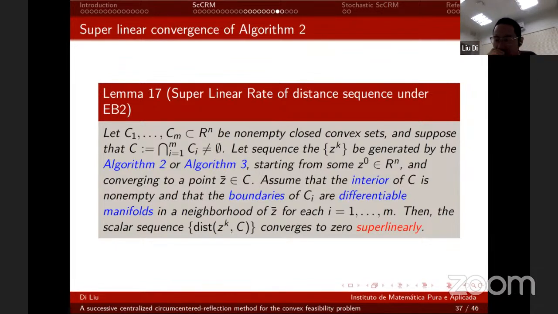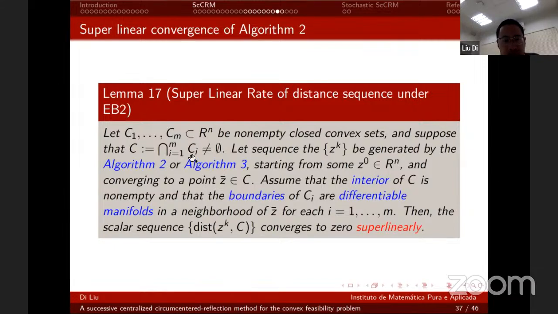As far as I know, up to now, for the convex feasibility problem, the sequential and simultaneous methods and also the Douglas-Rachford method cannot have the superlinear rate. Only the CCRM and also here the SCCRM with most violated constraints can have the superlinear rate.